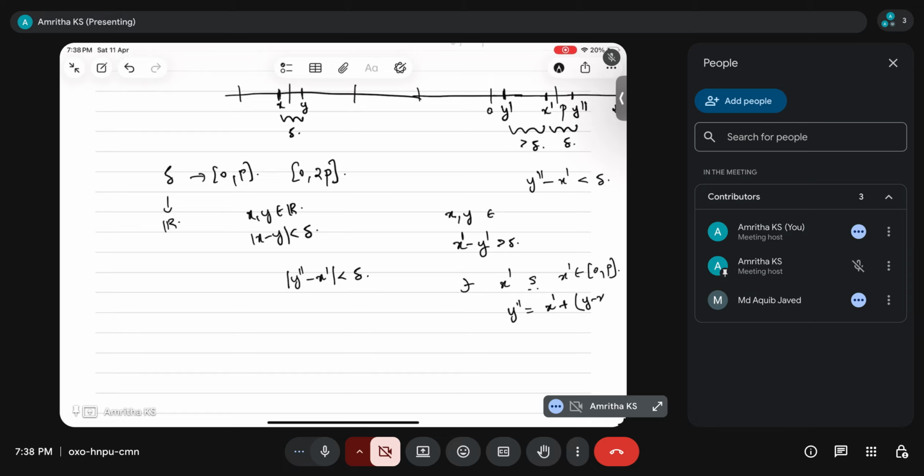What is y minus x? This distance. Here you get x dash, add that distance, you get y double dash. And y double dash is in 0 to 2p.